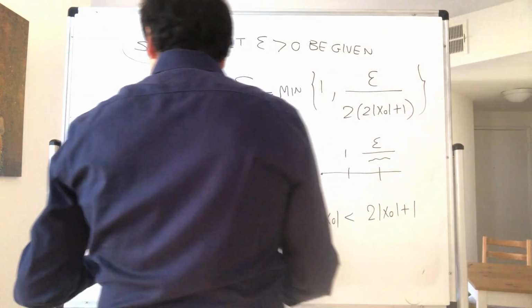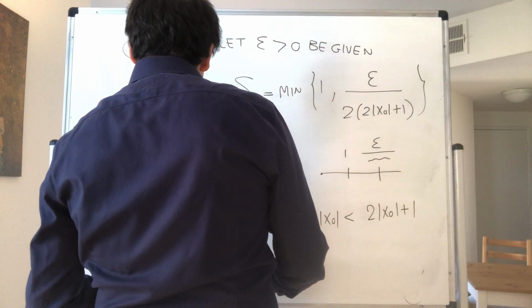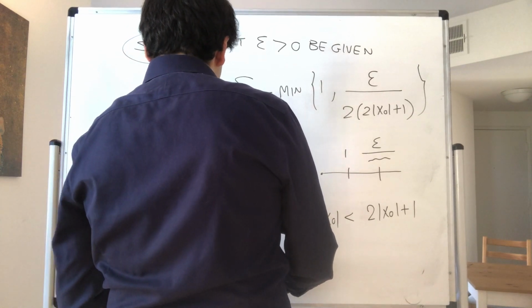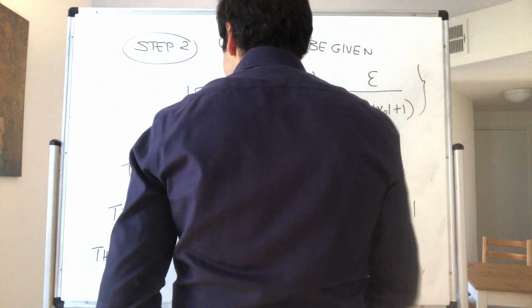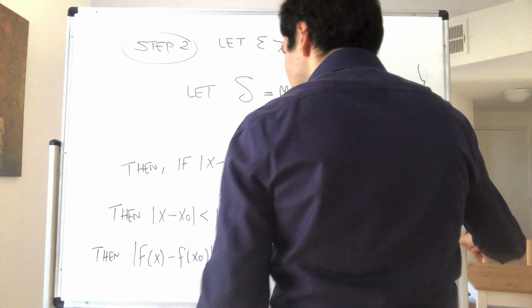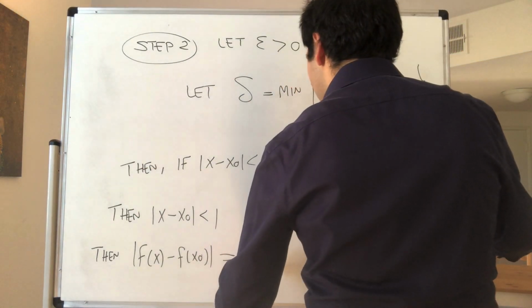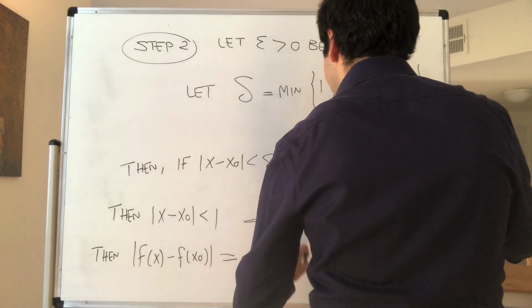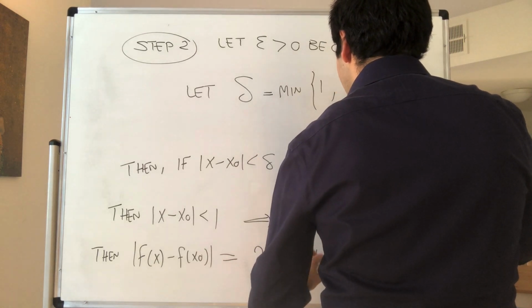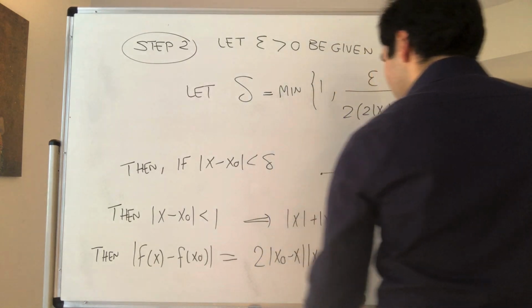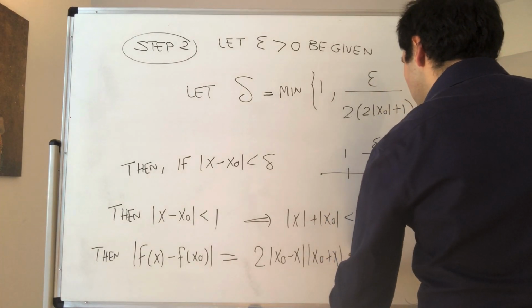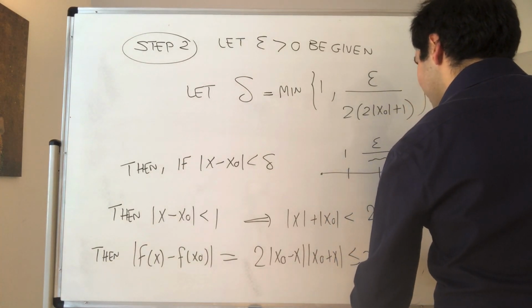And then, what do we have? Remember we calculate f of x minus f of x naught. Okay. And ultimately we found that it is 2 times absolute value of x naught minus x times absolute value of x naught plus x, which is less than or equal to 2 times absolute value of x minus x naught.